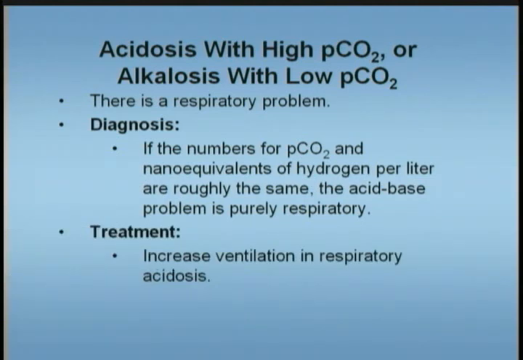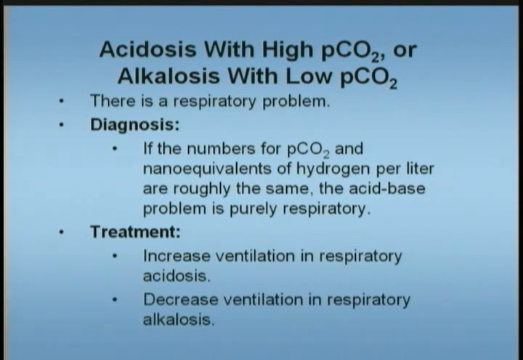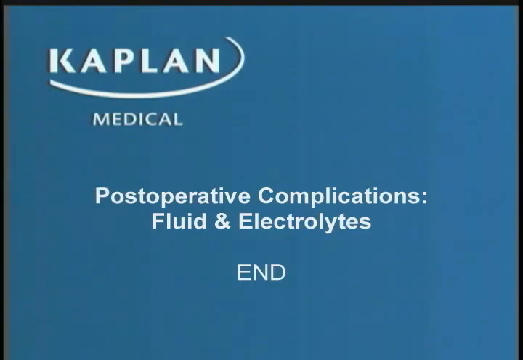And we treat it by increasing ventilation if there is respiratory acidosis, or by decreasing ventilation if there is respiratory alkalosis. And that takes us to the end of postoperative complications.